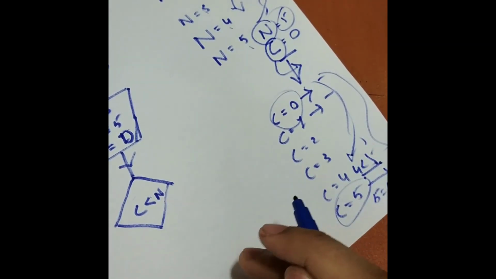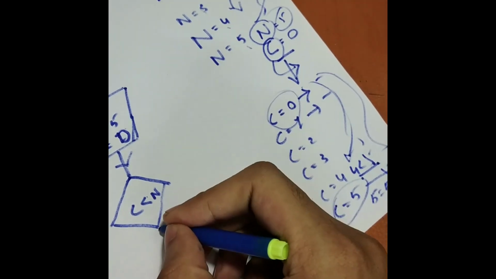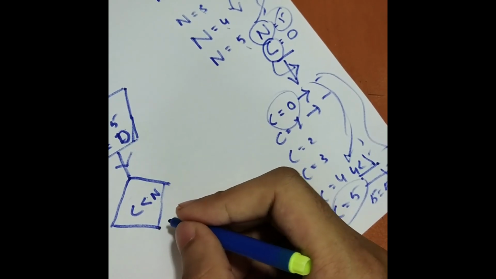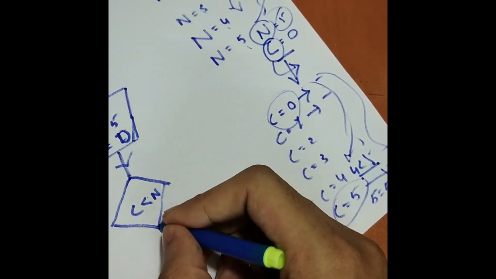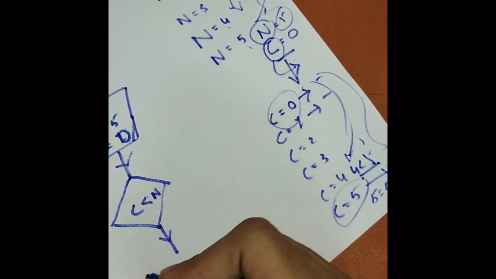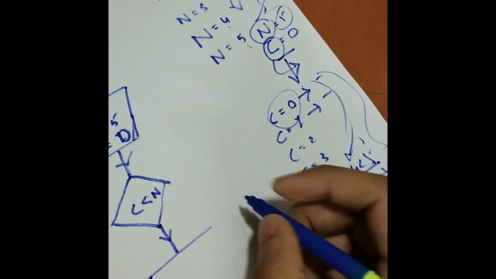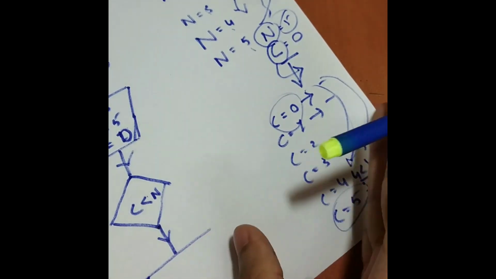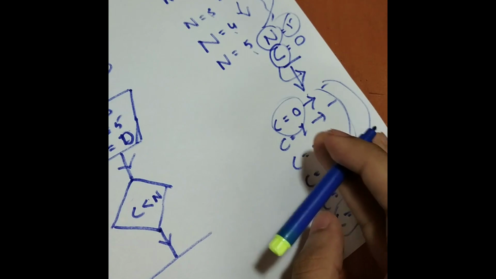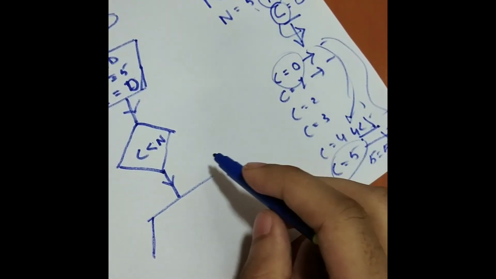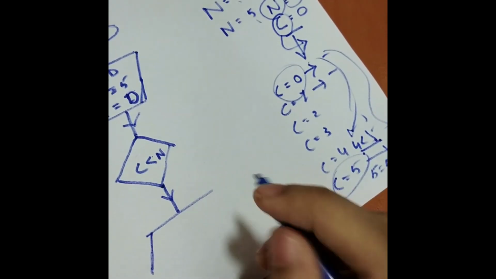Now let me draw the flowchart first. This is a decision box. Now we have to remember that all this kind of printing, showing, displaying is done inside the parallelogram box, the input-output box. Input and output both are performed by this parallelogram.